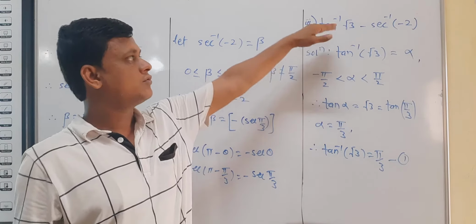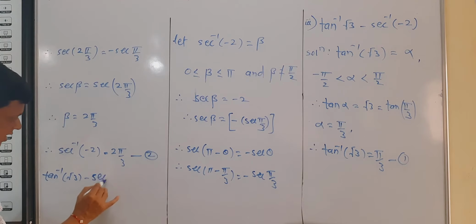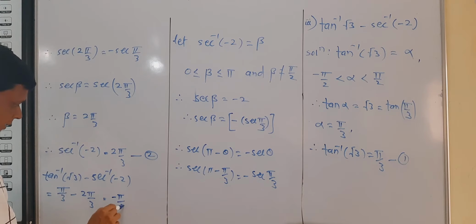So tan inverse of root 3 minus sec inverse of minus 2 is equal to pi by 3 minus 2 pi by 3, which gives minus pi by 3. This is our required answer.